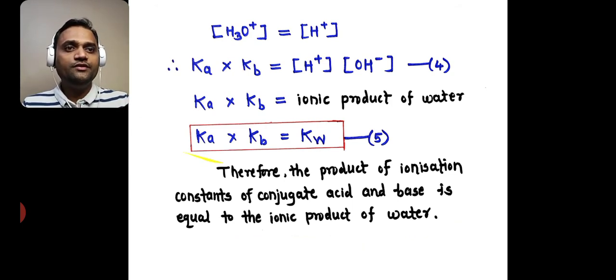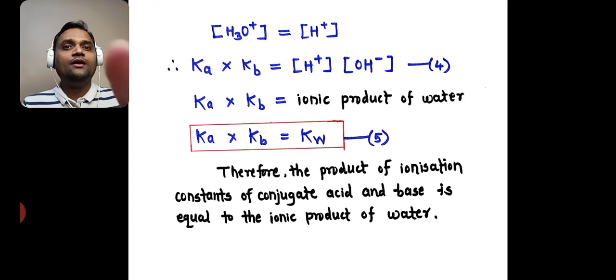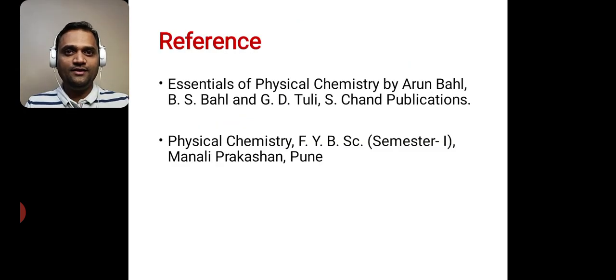This is the 5th equation, the relation which we have derived in this lecture. So this lecture is about the relation between the ionization constants of conjugate acid and base and the ionic product of water. Thank you.